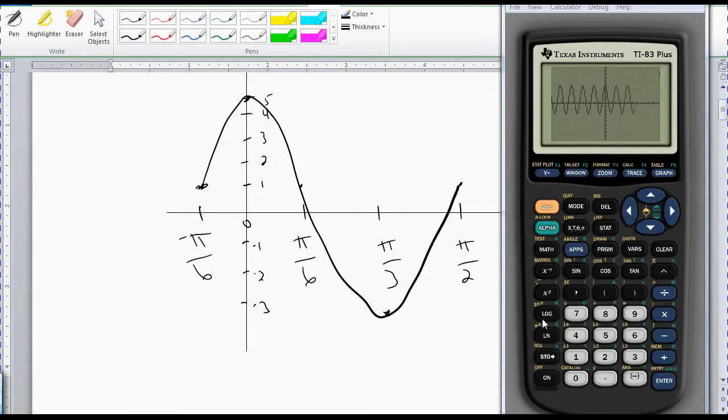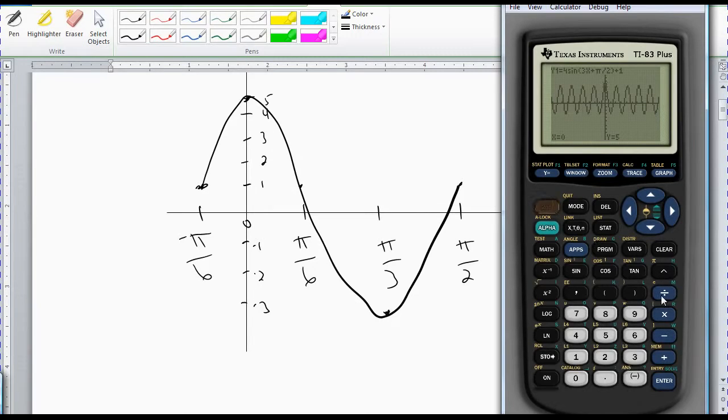You really can't tell from here, but you can see it's something. But what I'm going to do is use trace, then type in negative second pi divided by 6. And we get a y value of 1. Then I'm going to hit 0, enter, and we get a y value of 5.